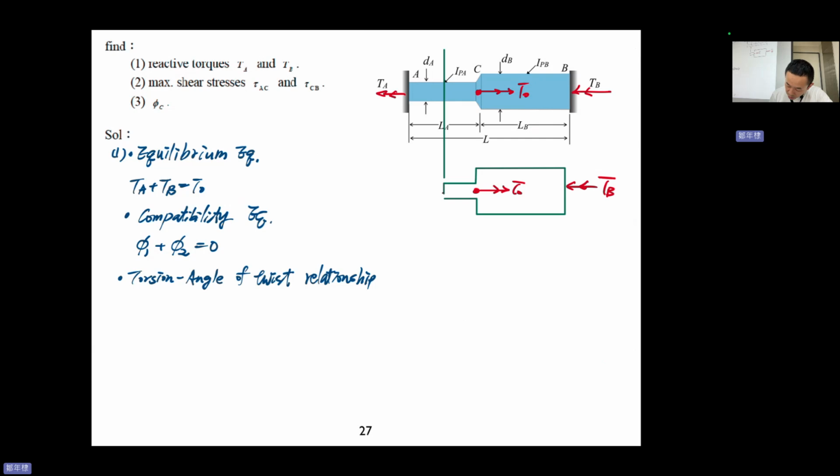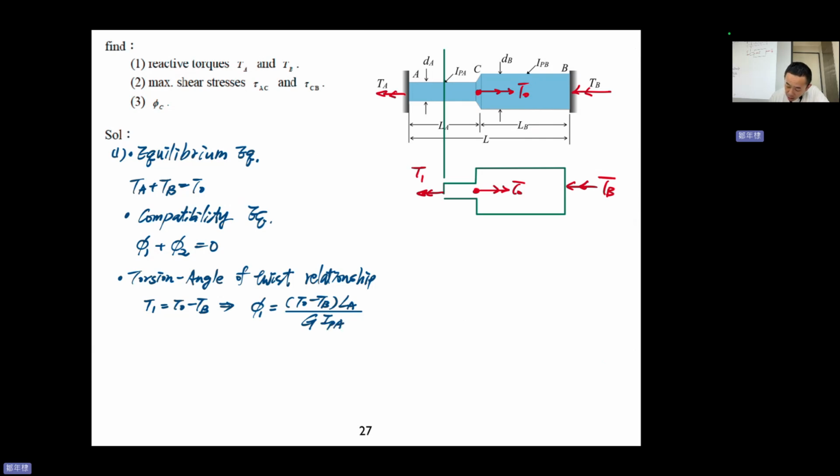And here we assume to the left-hand side, right? T1, okay? T1 is the internal torsion in section 1. So T1 equals T0 minus TB, right? And so we can substitute this to obtain phi 1 equal to T0 minus TB times LA over G IPA.